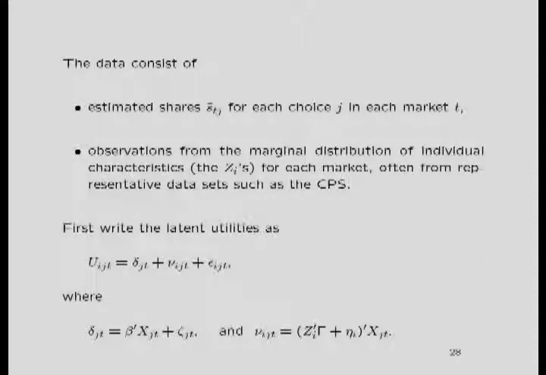Well, if I tell you what gamma, sigma, and the delta JTs are, you could just simulate for a bunch of individuals what their utility would be under each choice. You can see which one is the highest utility. You can figure out what choice individuals would make on average, and what the market share is in a particular market.